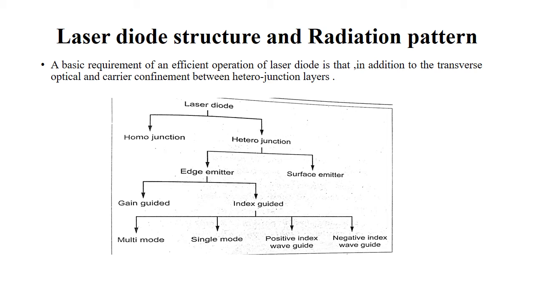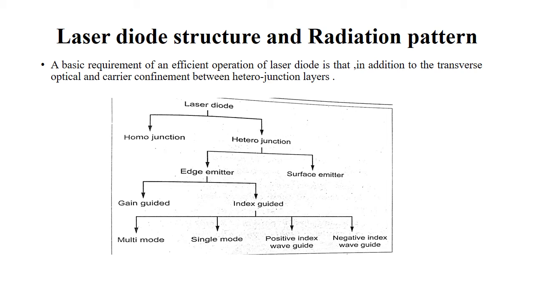One is homojunction and another one is heterojunction. Homojunction means if the PN junction is formed by a single crystal semiconductor material, it is said to be a homojunction laser diode. Heterojunction laser diode means the heterojunction is an interface between two adjoining single crystal semiconductors with different band gap energies. So the heterojunction lasers are used in communication applications.